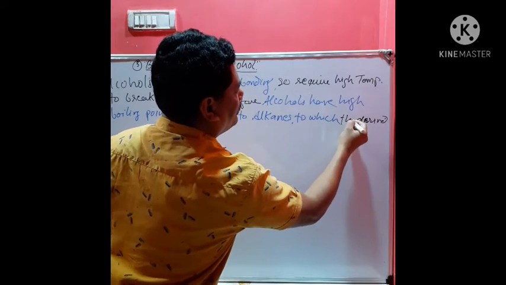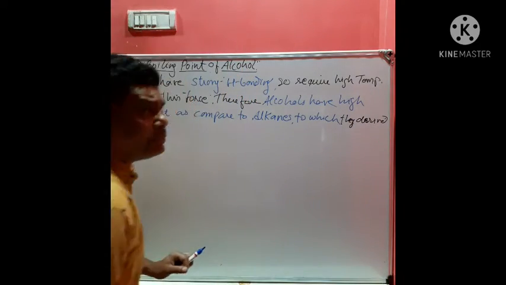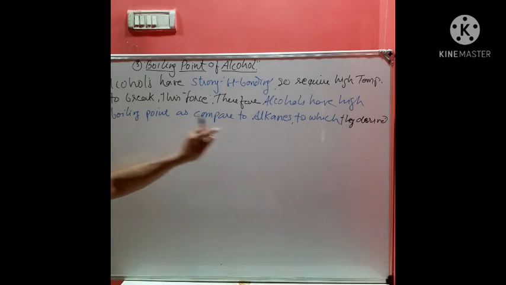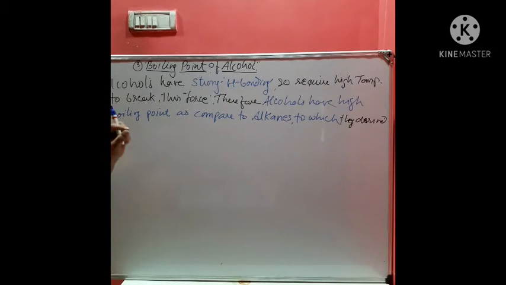Okay. We know that alcohols are derived from the alkanes, so we can compare the boiling point of alkanes with the alcohols. Getting?